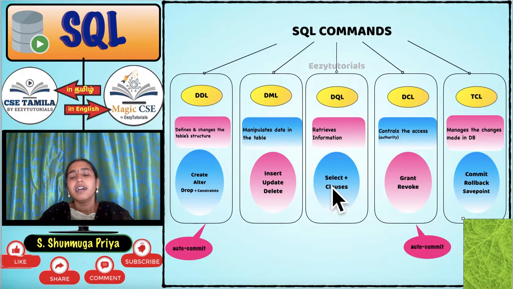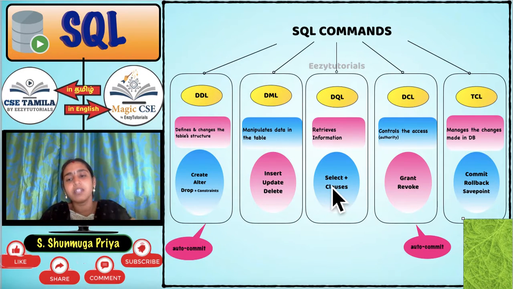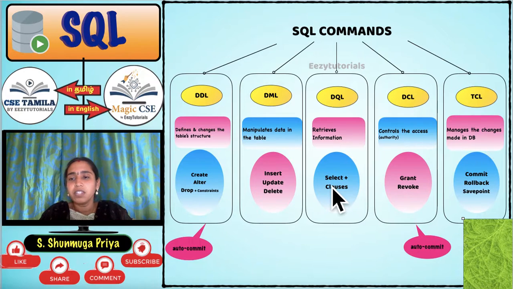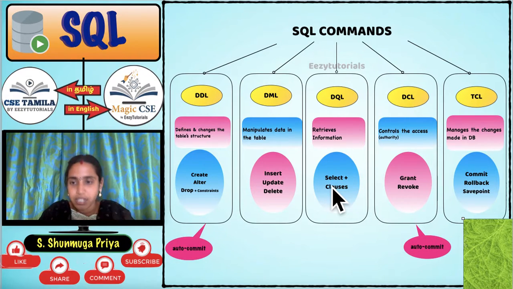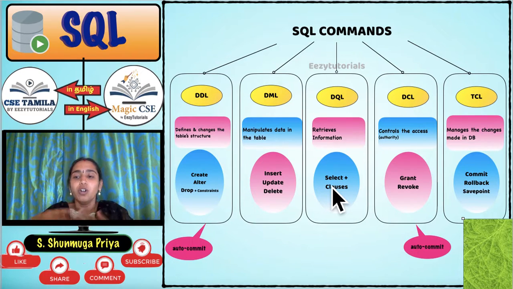DCL is related to the control, so data control language. Either you will be granting the permission, or you will be getting back the permission, that is called revoke. So you will be doing that with DCL. TCL will be managing the changes. Either you have to save, you have to move to the previous state, you have to roll back, or you have to create states with the help of save points.